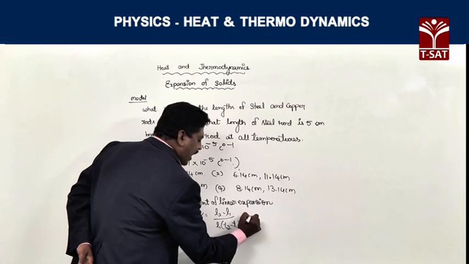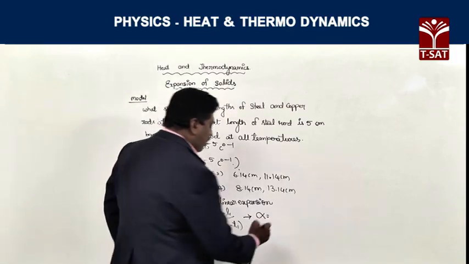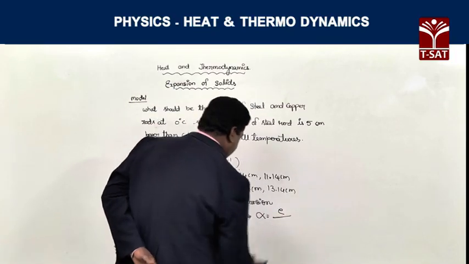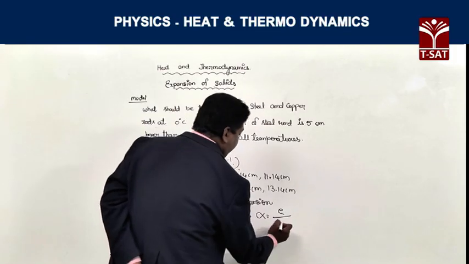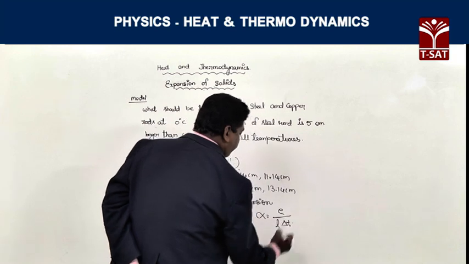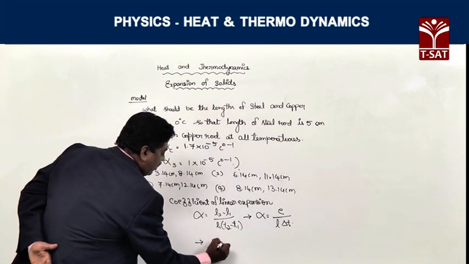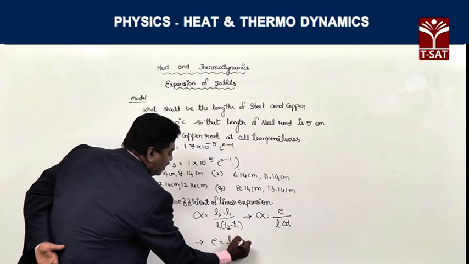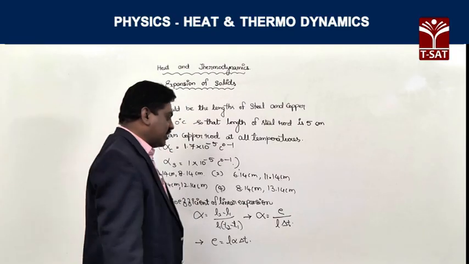This can be written as alpha equals to L2 minus L1 is taken as expansion E, L1 is taken as initial length L, T2 minus T1 is taken as delta T. Now, from this equation we have E equals L alpha delta T.